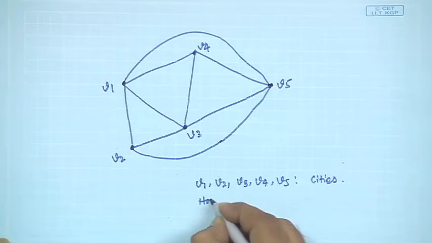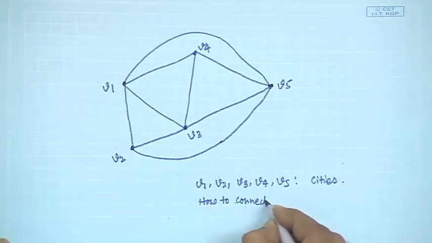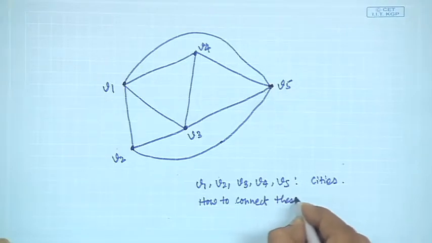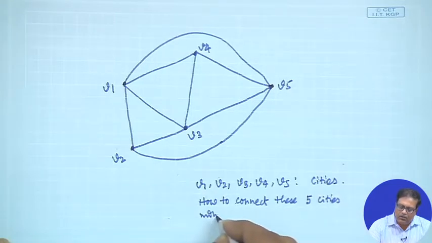How to connect these 5 cities minimally?